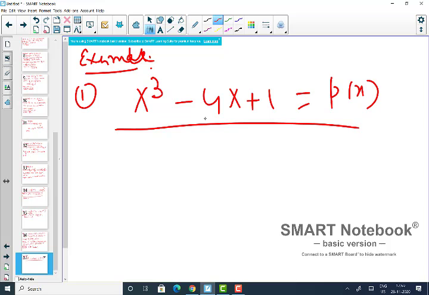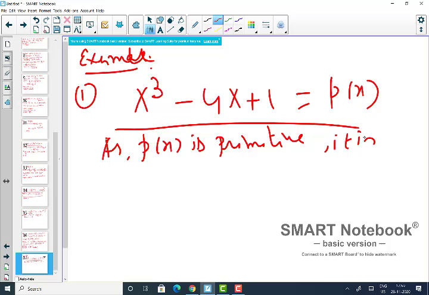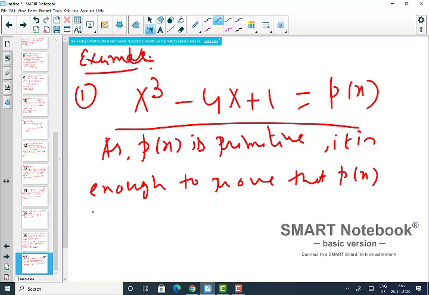as you see, as p(x) is primitive, it is enough to prove that p(x) is irreducible in Q[x].